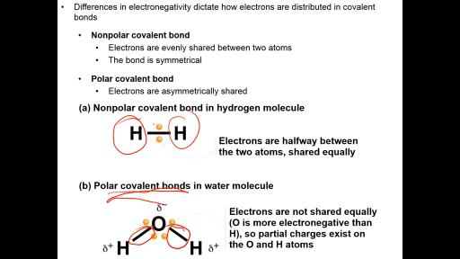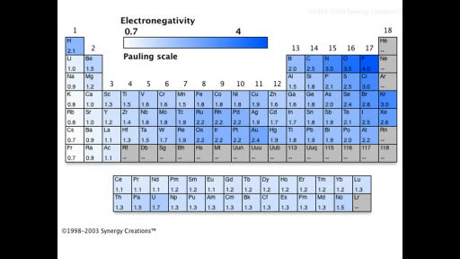There are poles, like a north and south pole on a magnet. You have a positive end on a magnet, you have a negative end on a magnet. So here, oxygen. Oxygen has an electronegativity of what? 3.5.